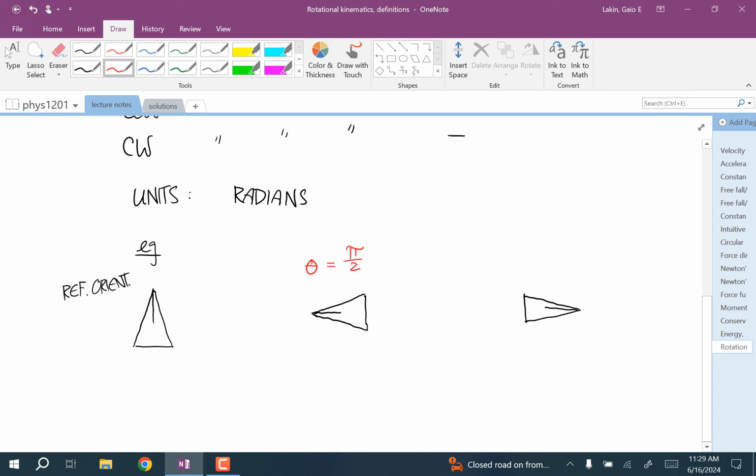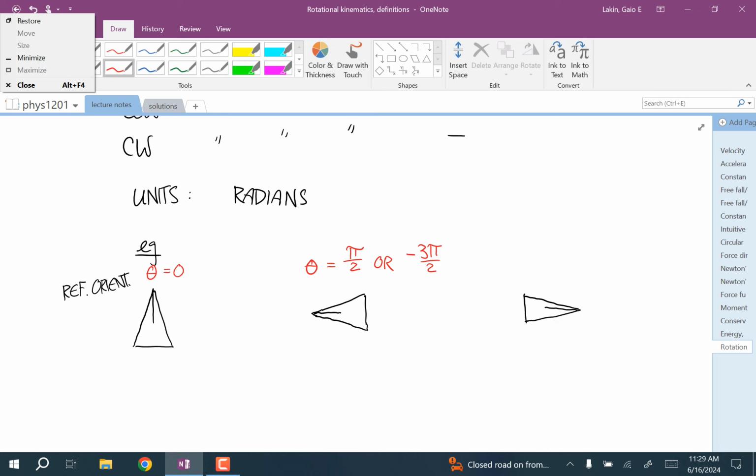You could actually go the other way, you could rotate clockwise and you'd have to go 3 pi over 2 to get to this. So that's also a perfectly valid way to write this, negative 3 pi over 2. This reference orientation, this is like our 0, so that's an angle equal to 0.